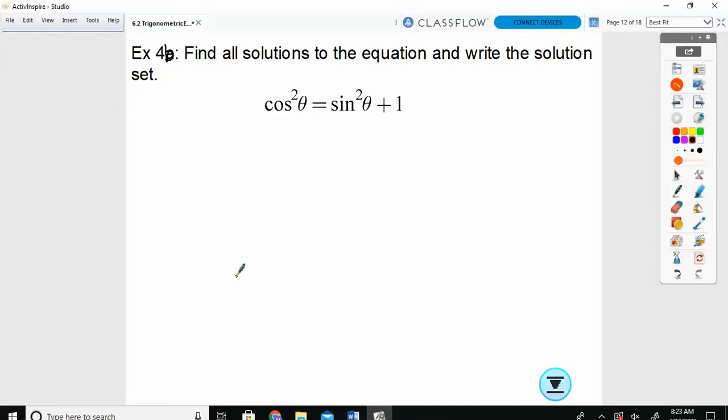So, I want all the solutions here. We have more than one trig function, so it's not a matter of just setting something equal to 0. We can't factor anything. What can we do?